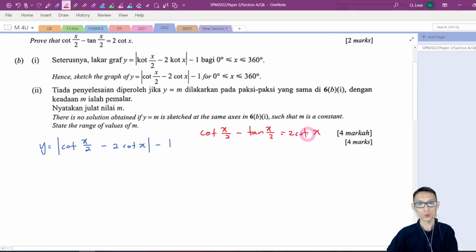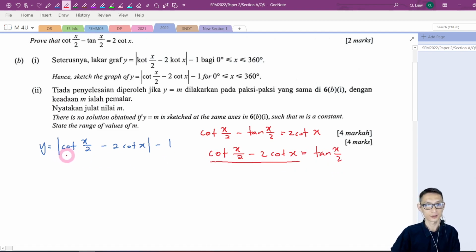So I'm going to move the 2 cotangent x over here to another side. So cotangent x over 2 minus 2 cotangent x is equal to tangent x over 2. Now, these and these are exactly the same, right? So I'm going to change this to this one.